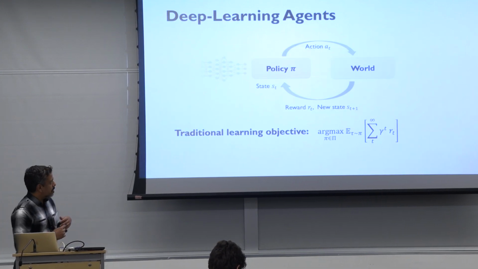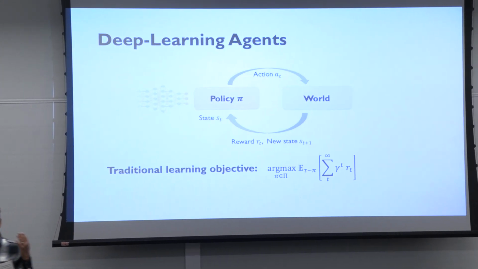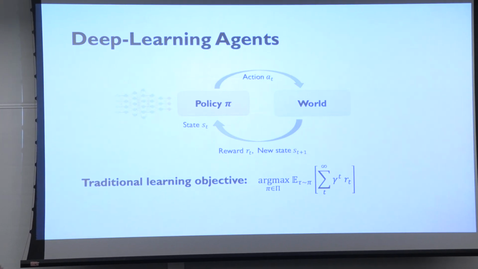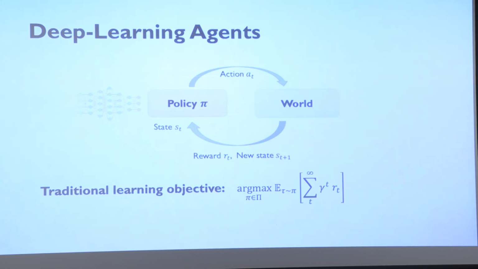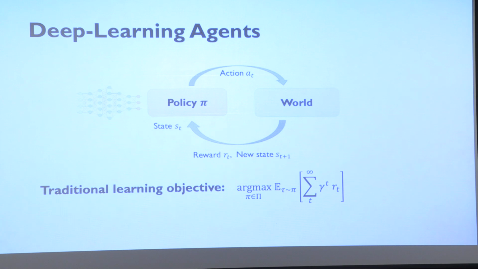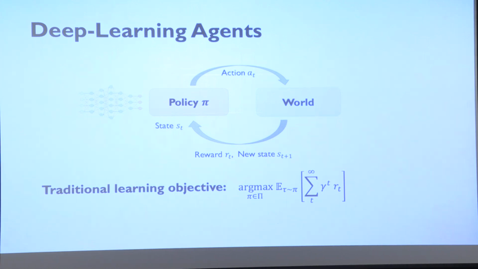So the setting that we are going to start with is of deep learning agents. And here, the picture is something like this. You have a policy that is interacting with the world, and this policy is given to you as a neural network, and the traditional learning objective in this setting is that you are trying to maximize the agent's reward.